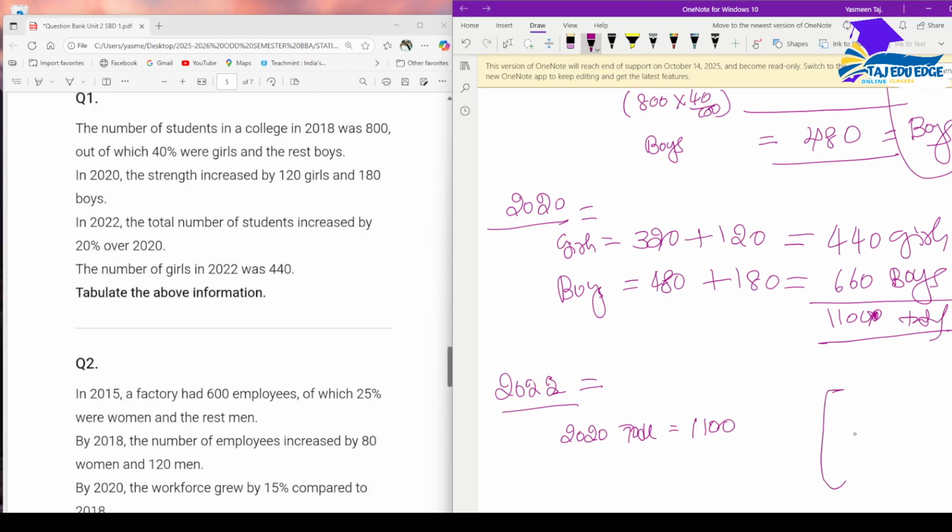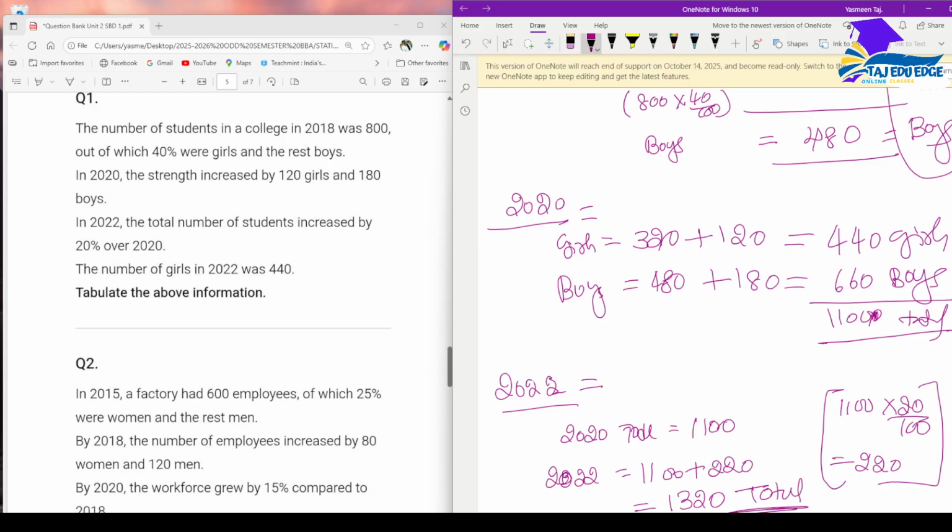First we need to see here, 1100 into 20%, how much? 1100 into 20% is 220. 220 is the 20% of 1100. Earlier there were 1100. In 2022, additional of 220, 1100 plus 220, that is 1320 total students are there.